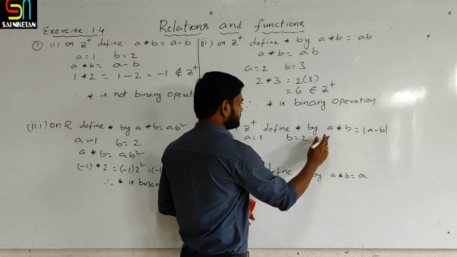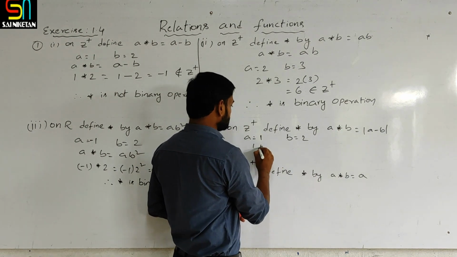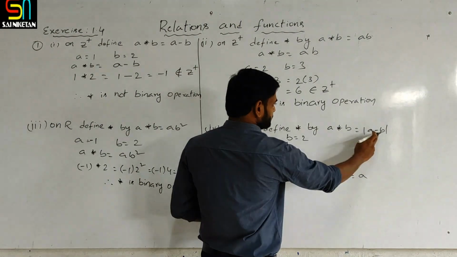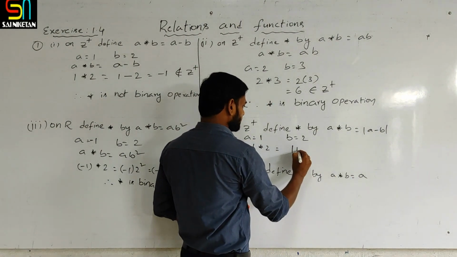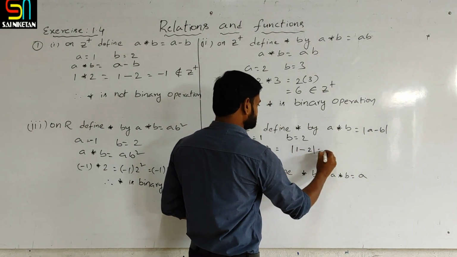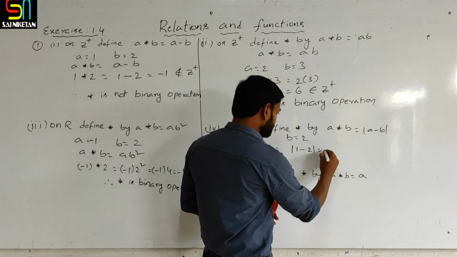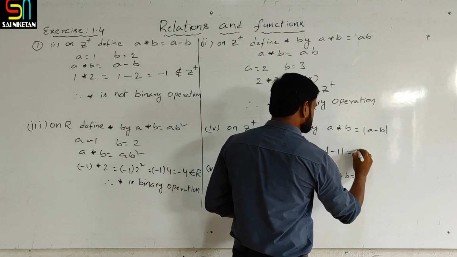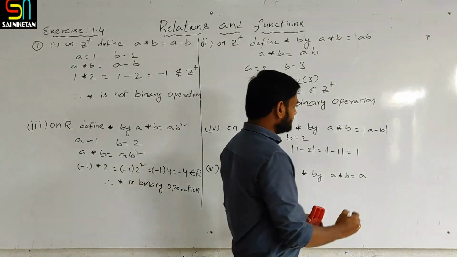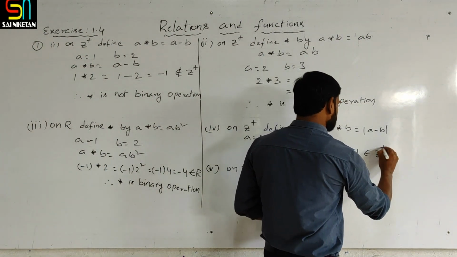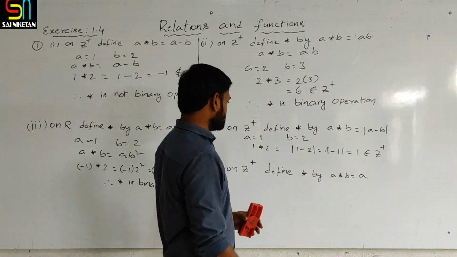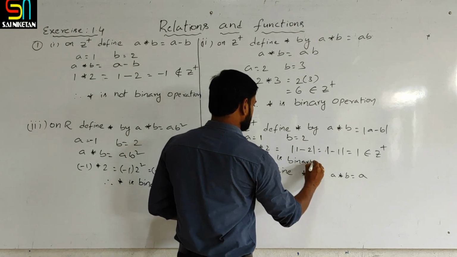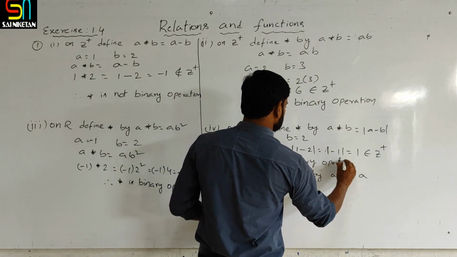So substitute: A star B, that is 1 star 2, is equal to mod of A minus B, that is mod of 1 minus 2, that is mod of minus 1. So mod of minus 1 is plus 1. Again it belongs to Z plus. So we can say star is binary operation.